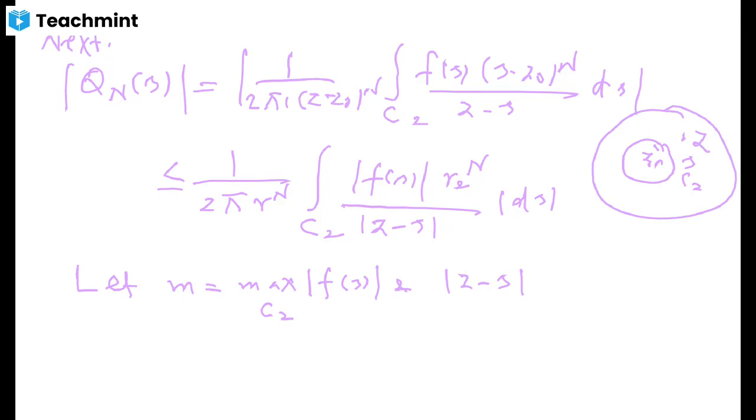So mod of z minus zeta is greater than or equal to mod of z minus z naught minus mod of zeta minus z naught, by the triangle inequality, since the first term is bigger than the second term. And what is this? Mod of z minus z naught is r, and this is r2.